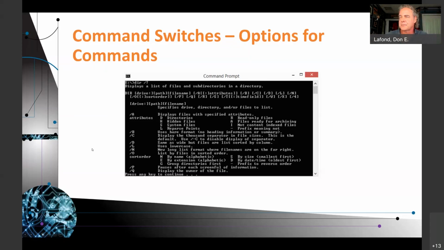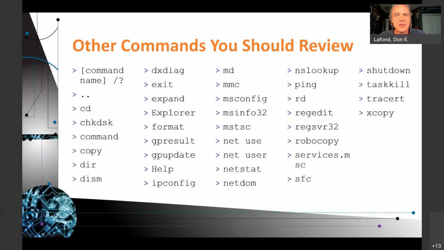All right. There are lots of commands that you should know inside of that command prompt, the CMD window, including the dot dot I showed you to go backwards, cd for change directory, and chkdsk, that's to check for hard drive errors. Command is like CMD, except it has different options.